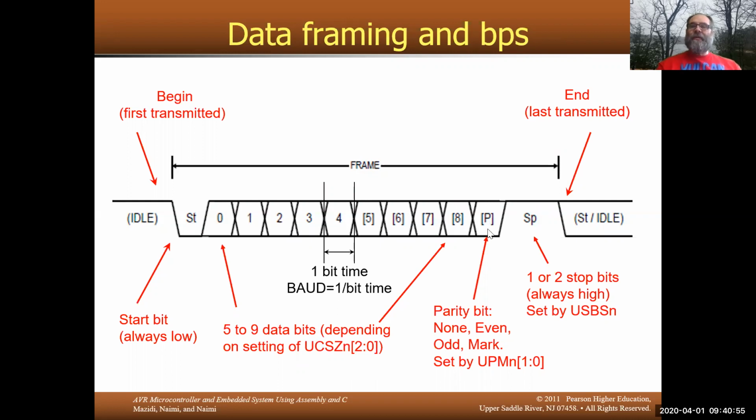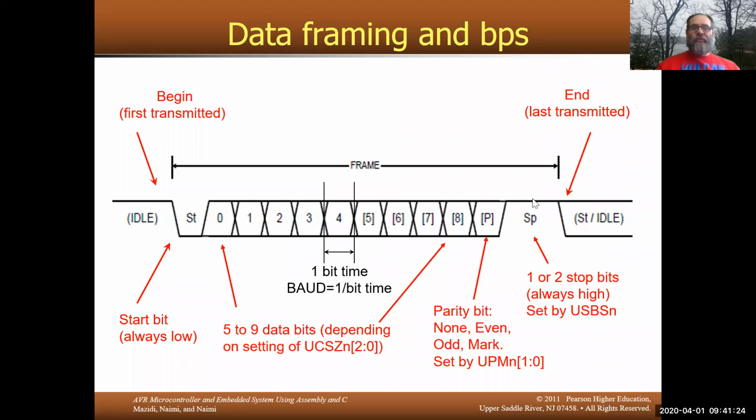There is a check that can be enabled on the receiving side if the parity is off. If you don't always have an odd number of bits in a character that are 1 or an even number of bits, depending on even or odd parity, it will raise a flag, and you can process that as an error. A character will always end with at least 1 stop bit. There is an option for 2 stop bits as well.